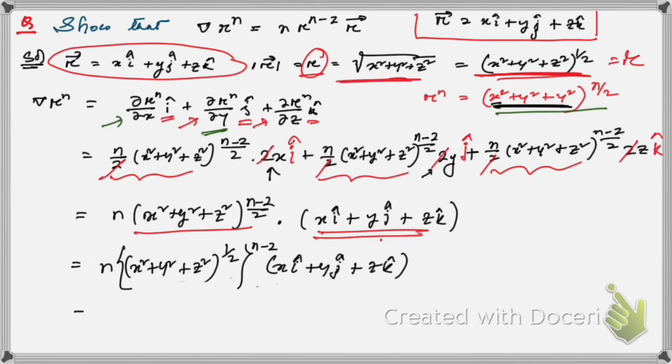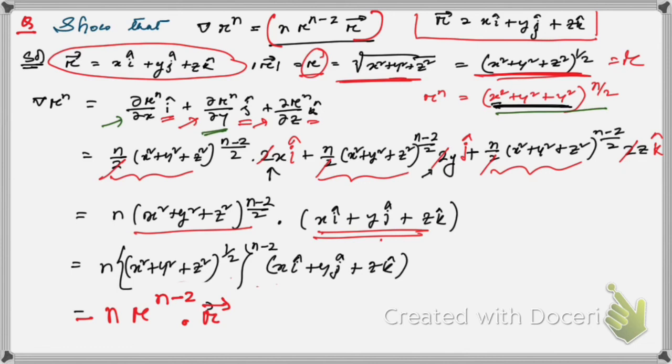This is your r. So you can replace this one by r, this one by r vector. So finally what we have got, n r to the power n minus 2 r vector, right? So this is the right hand side.